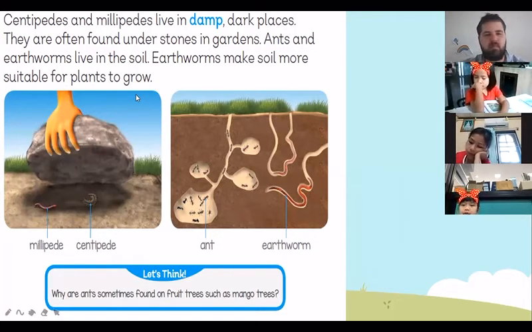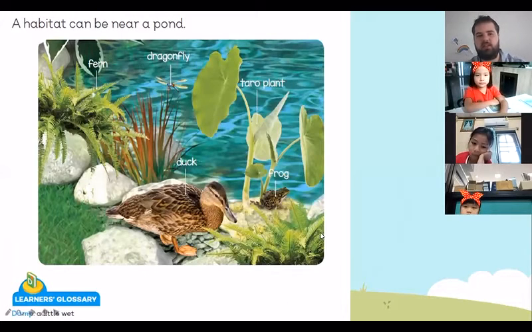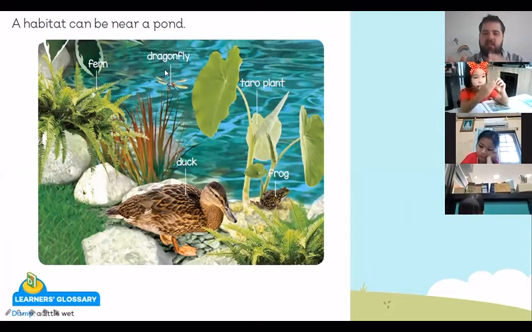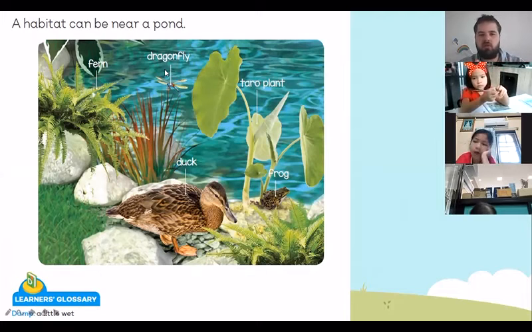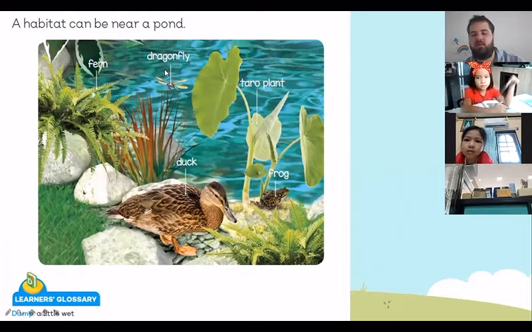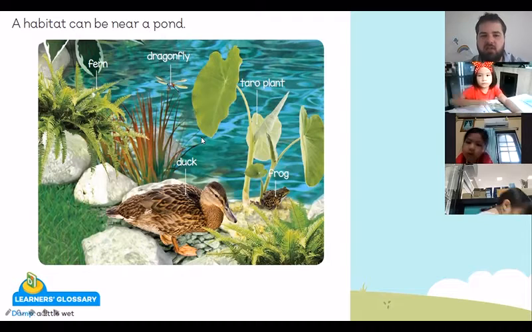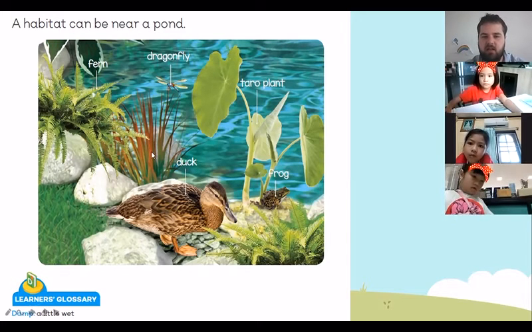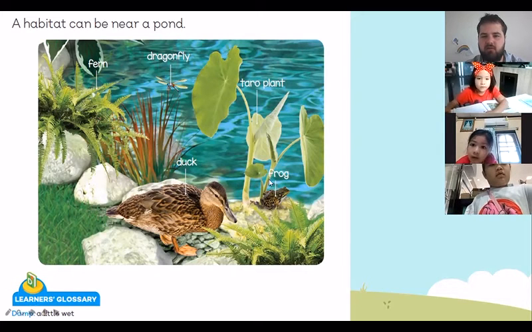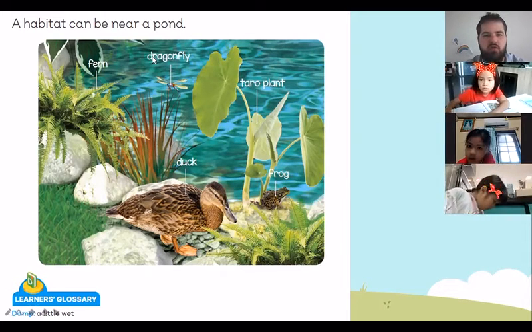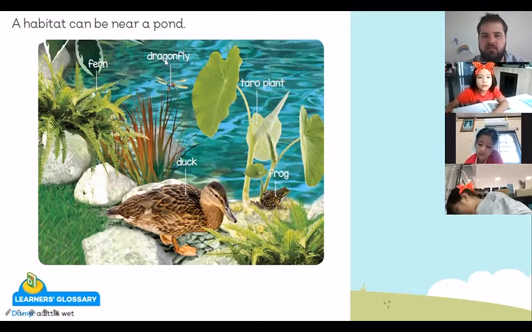Okay. So next, this is our next habitat. It's called near a pond. Very good. So it's not in the pond, it's near the pond, close to the pond. The animals we find close to the pond are our duck, frog, dragonfly.